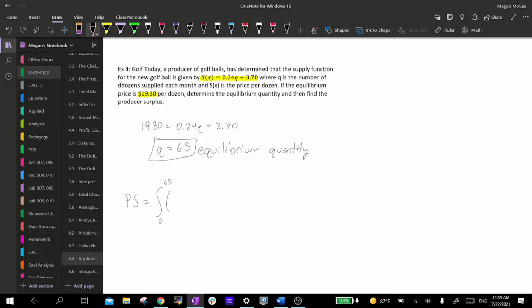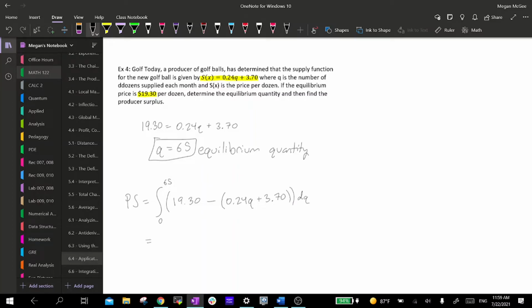So our horizontal line is our price, which is $19.30, minus our supply function, which was given as 0.24 Q plus 3.70, in parentheses, with respect to Q.